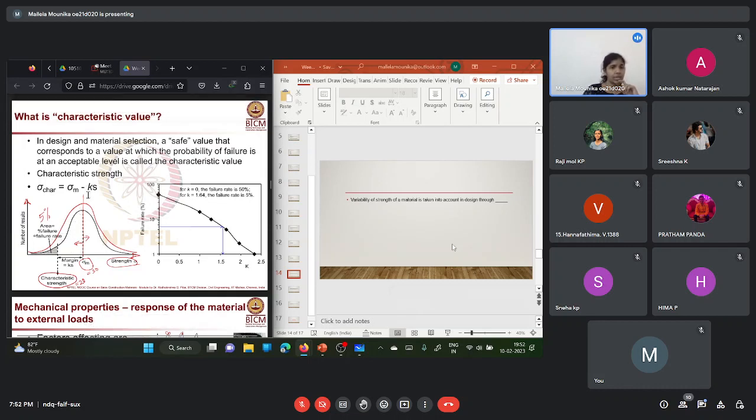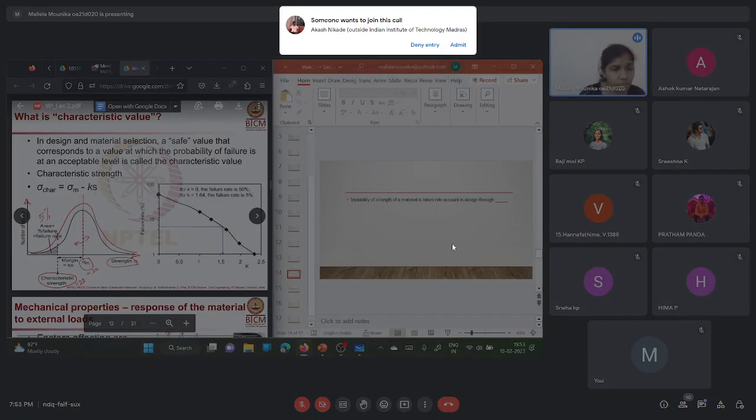If we take this mean strength, then you have 50-50 chances. But if you go with this characteristic strength, then you have 95% chances of not having any failure, and only 5% chances of failure. From the characteristic value you can understand that only 5% of the test results may fall in the failure category.